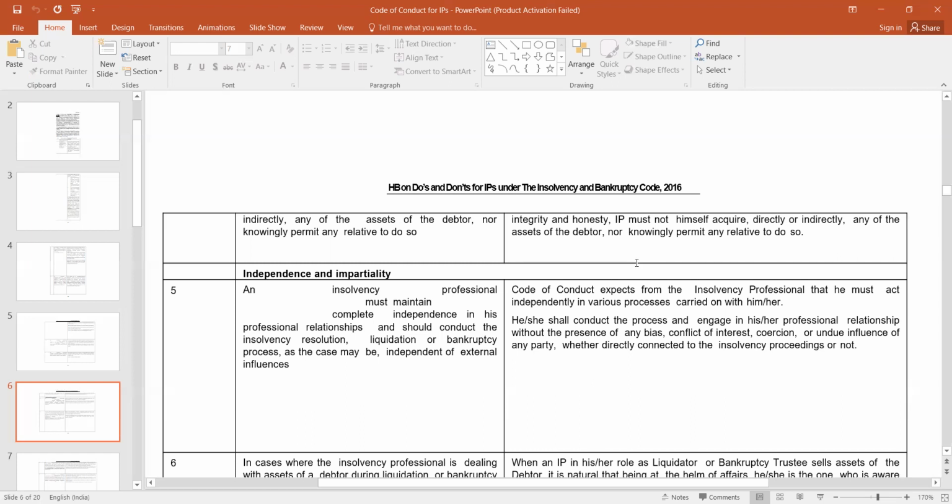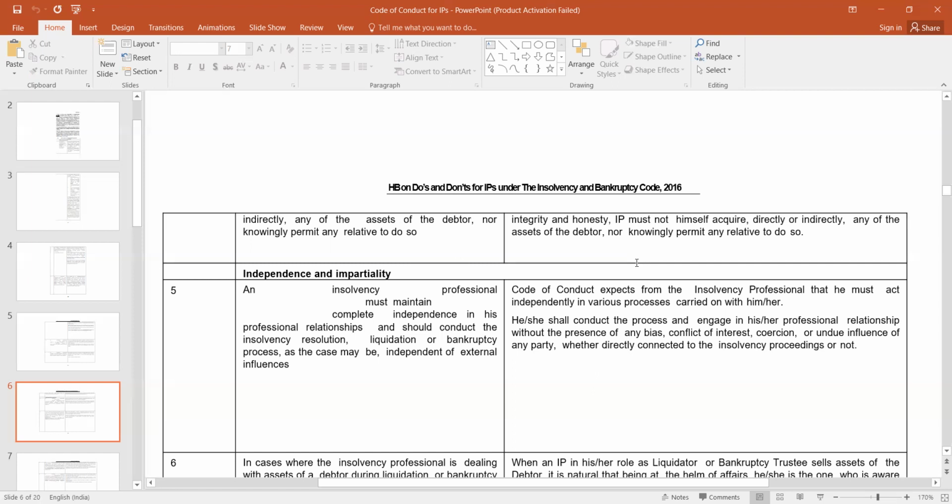The adjudicating authority issued a show cause notice to the IP that howsoever influential the financial creditor is, you should not side with him while taking decisions, and whatever draft has been finalized by the COC, you must go accordingly. So this is an instance of independence, or of being influenced by some influence. So you should be independent and impartial in your dealings.